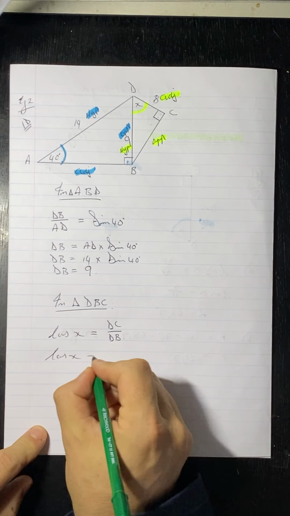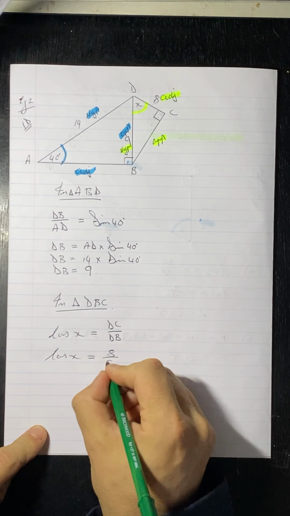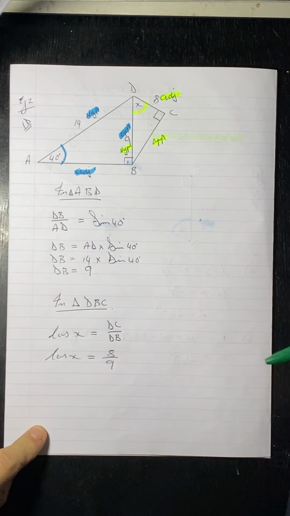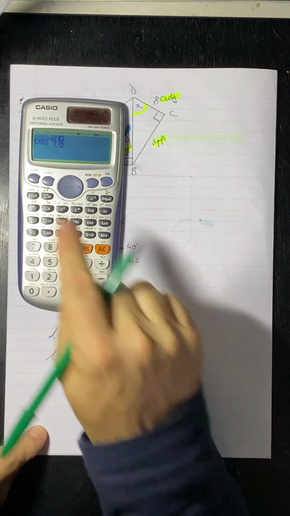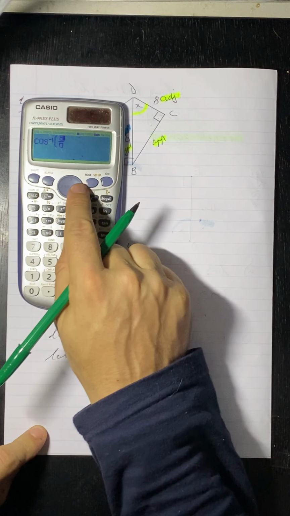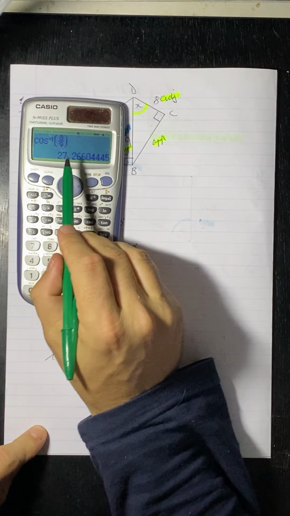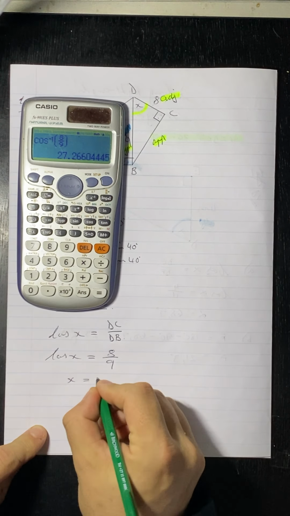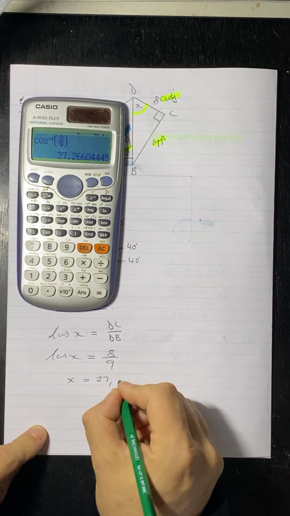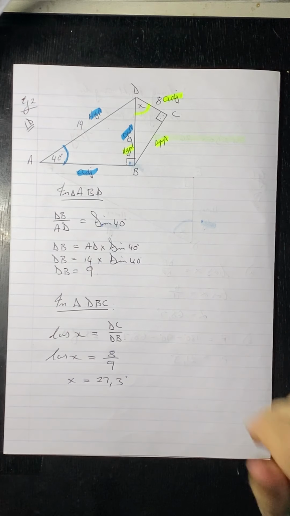So cos x is equal to DC is 8 over DB, which is 9. To get the x on its own, we go shift cos 8 over 9. And then we can round that off to 1 decimal place, and we get x is equal to 27.3 degrees. All right, so not too bad.